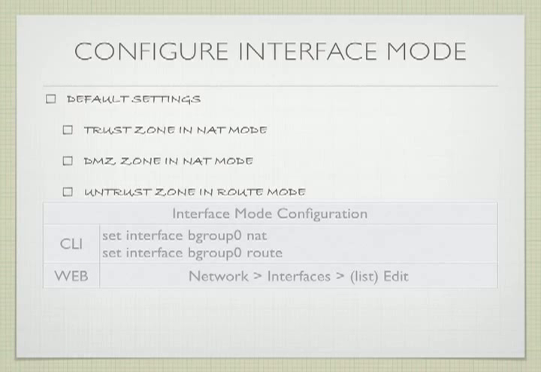On the web, there's a radio button to select interface mode for either NAT or route, under Network, Interfaces, and List, and then edit the interface involved, the bgroup or the Ethernet 0/0 or 0/1.